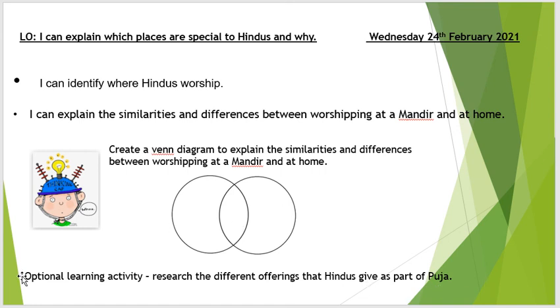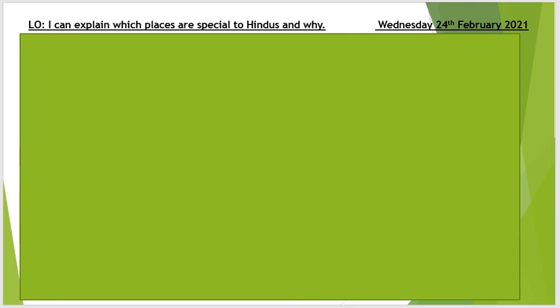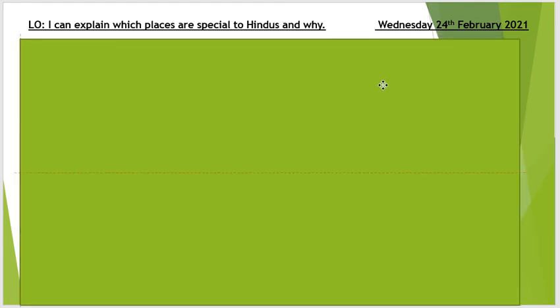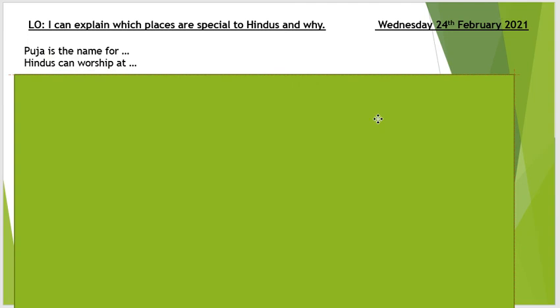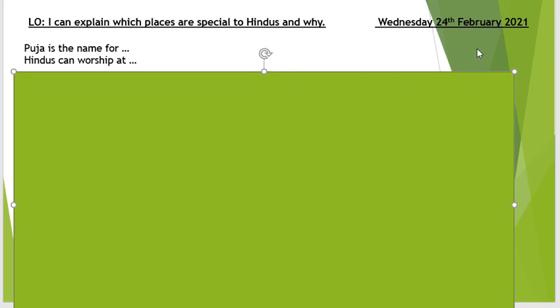Okay, let's have a look at the Venn diagram and the way to go about it. So, in your book, you've already got the learning objective and the date. Now, our first success criteria was explaining where Hindus worship. So, I would start by writing 2 very short sentences into my book. First of all, I'd write a sentence that explains what puja is.